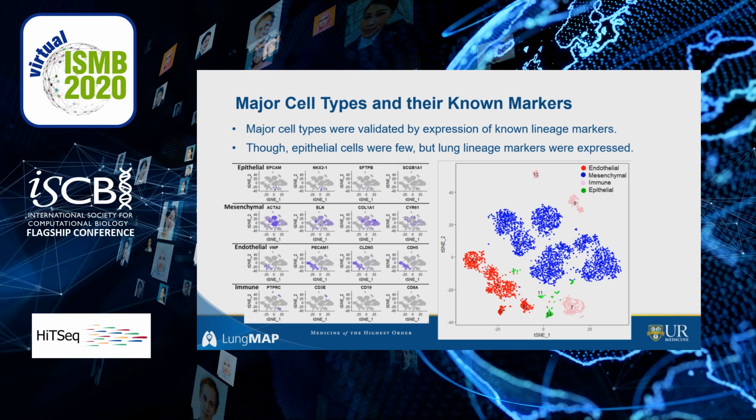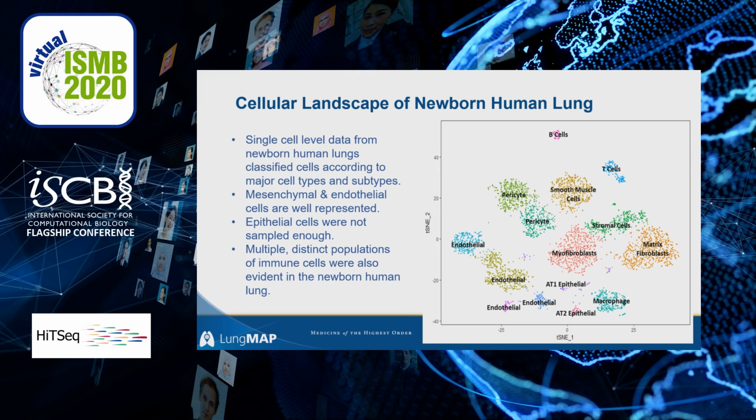And even though there are more mesenchymal and endothelial cells, we were surprised by finding some immune cells at that early stage.